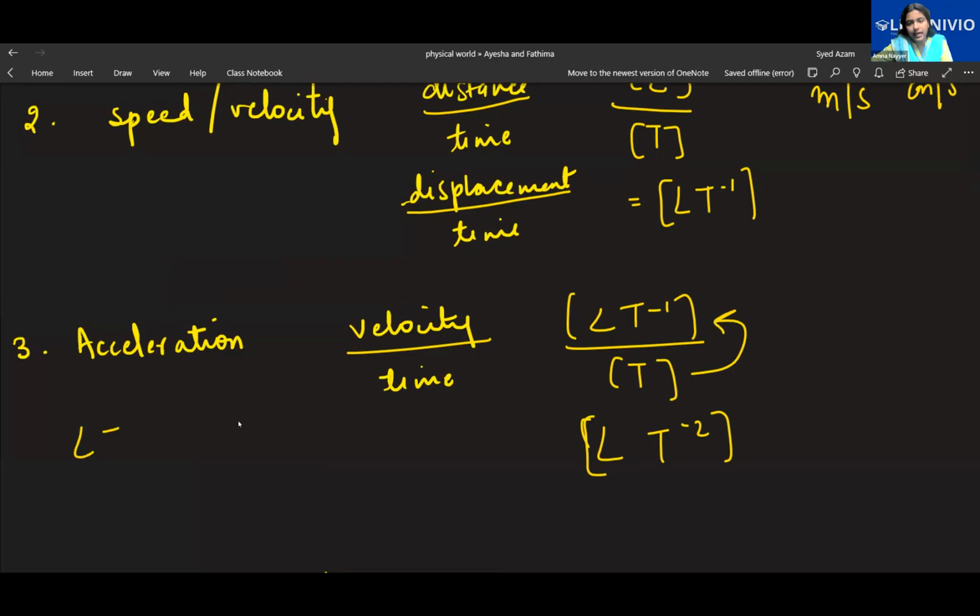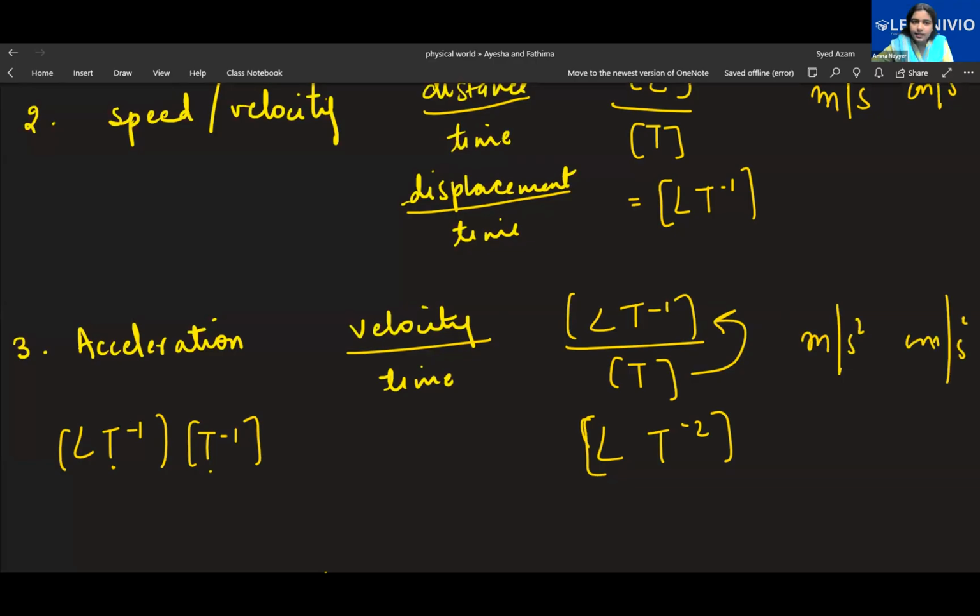And then you are getting T to the power minus 1 again. Since the bases are the same, the powers get added up. So minus 1 and minus 1 is minus 2. And the unit is meter per second square or centimeter per second square.